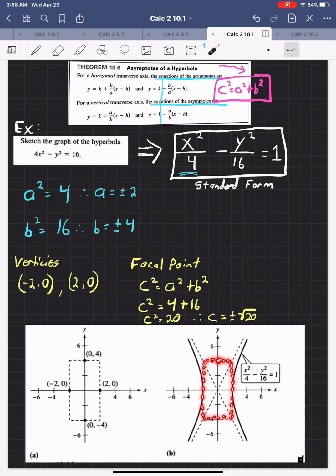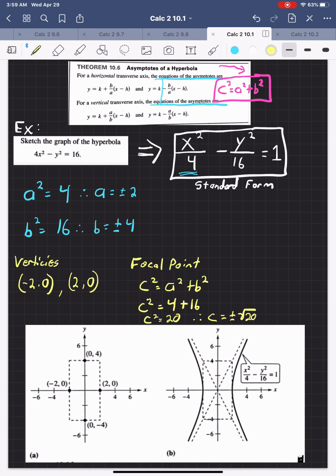And then notice that there are these asymptotes of the hyperbola, these dotted lines. I don't have time to elaborate on how we come up with these formulas for the asymptotes, but I'm about to show you the equations for those asymptotes.